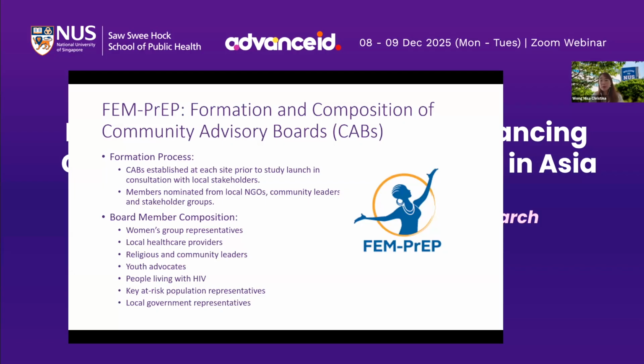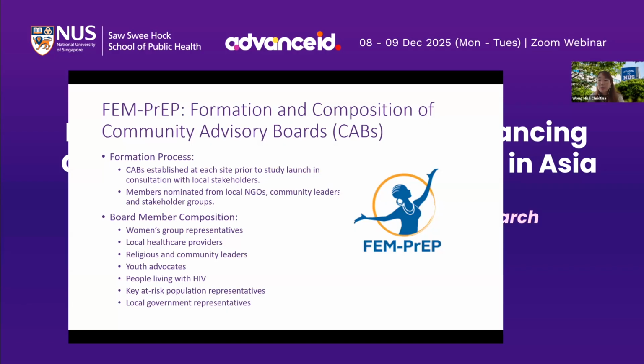The establishment process was collaborative. The research team consulted with local non-governmental organizations, civil society groups, and respected community leaders to identify potential community advisory board members. This ensured that the community advisory board reflected the diversity of the communities affected by the trial.